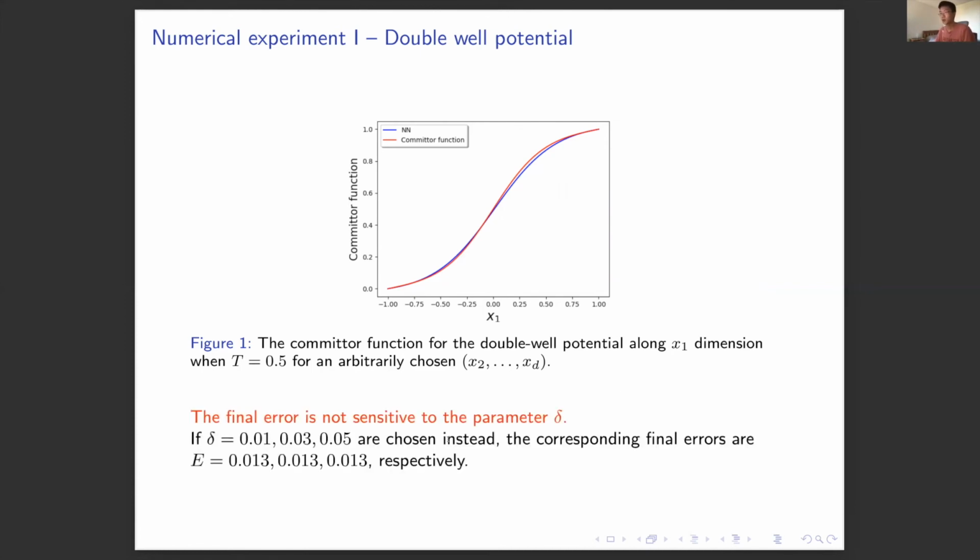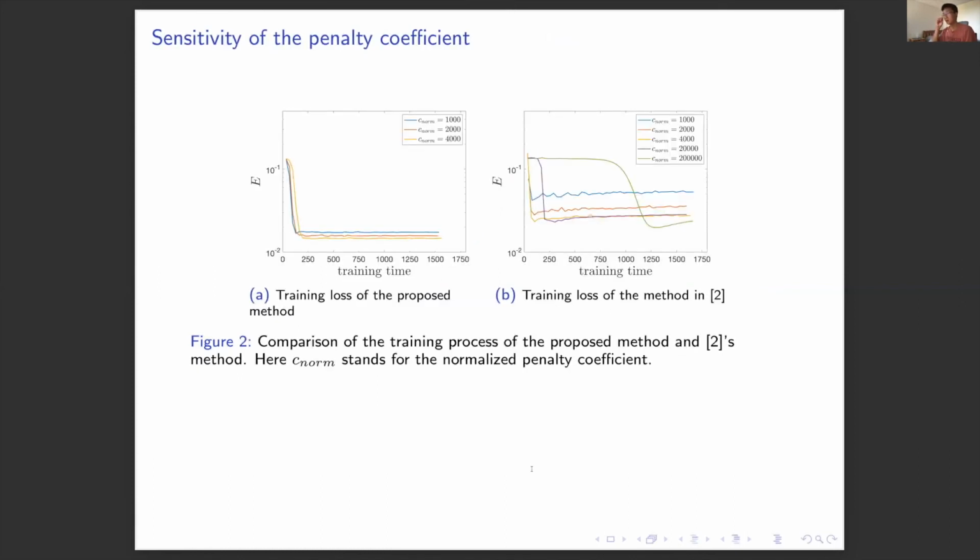And we can also show that the final error is not sensitive to the parameter delta. If we use different deltas, we obtain basically the same final errors. Okay. And more importantly, we don't need to tune the penalty coefficient. So in this figure, we show that using the current method, the training behavior and the final precision are about the same with different penalty coefficients.